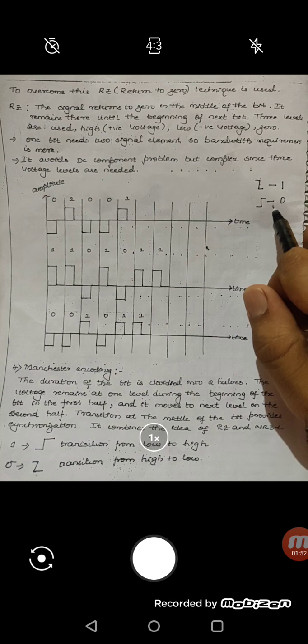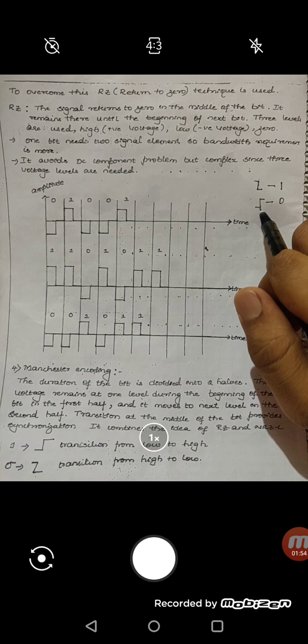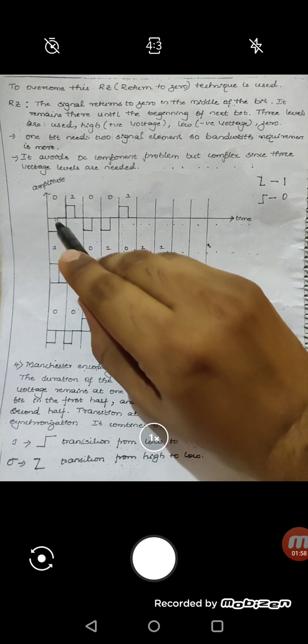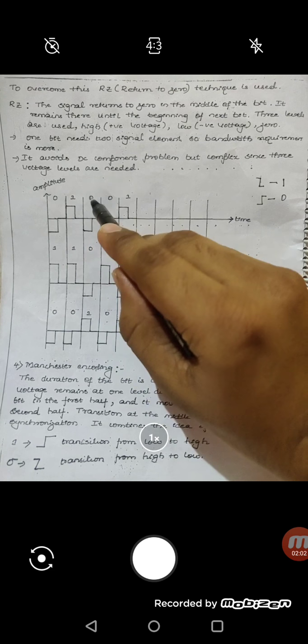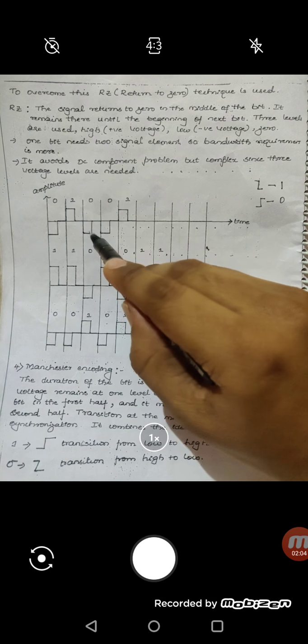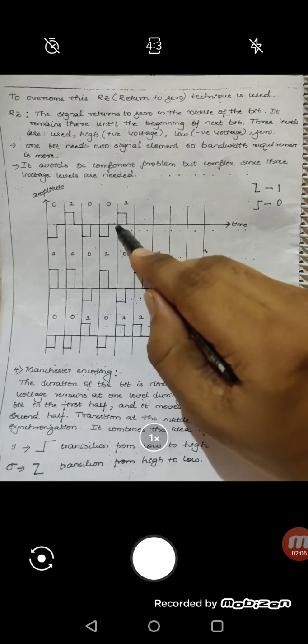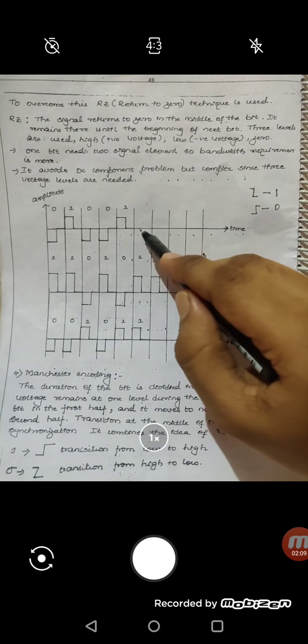The first bit is 0, so we denote it by this symbol, low to high. The second bit is 1, that is high to low. The same way the third bit is 0, low to high, the fourth bit is 0, low to high, and the last bit is 1, high to low.